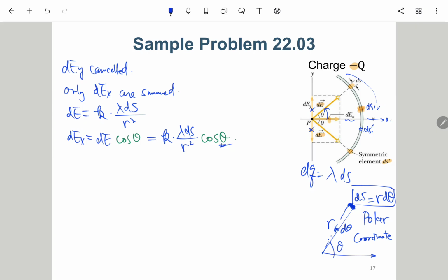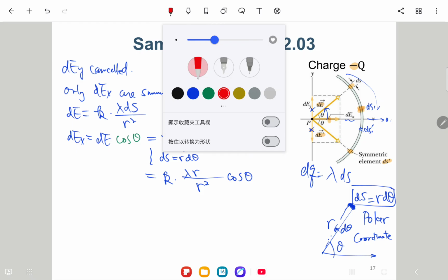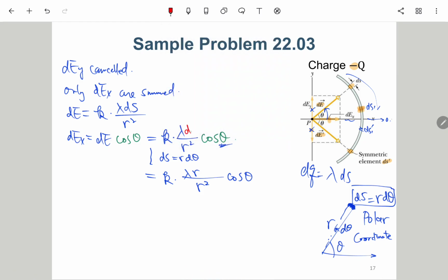So we have ds equals r d theta, so it becomes k times lambda r d theta, and then over r squared, and then cosine of theta. You can consider this one as ds, so it becomes r d theta here.